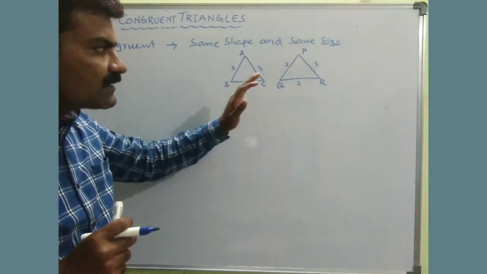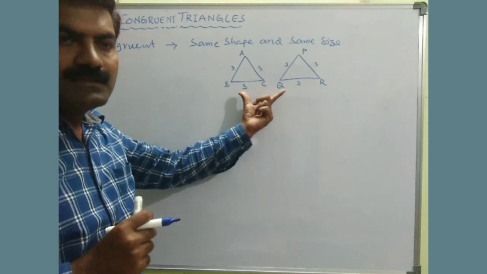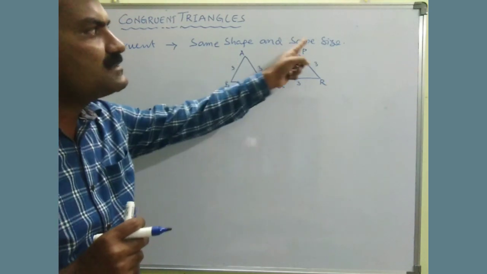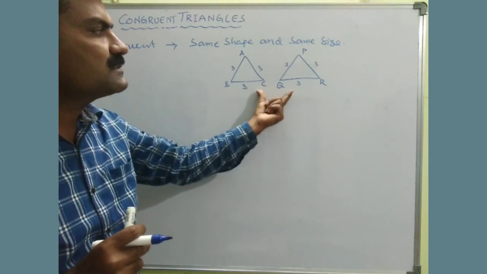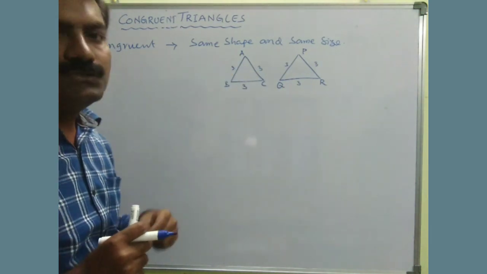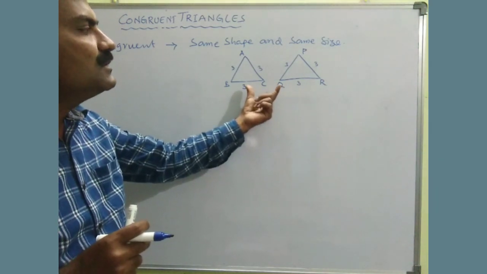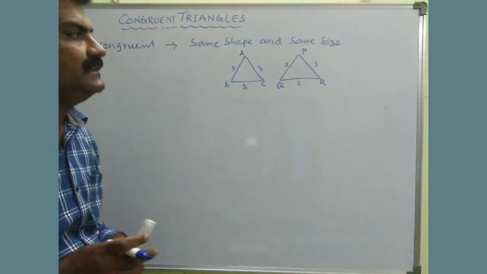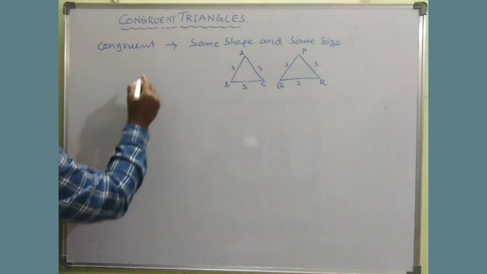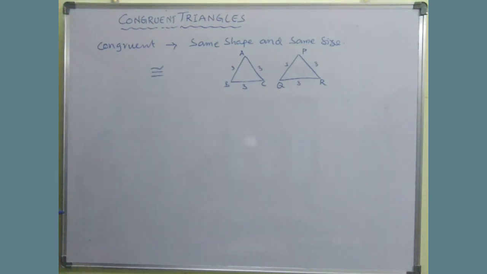Now what can we say about these two triangles? First of all, they are geometrical figures, two geometrical figures with the same shape and same size. Hence I can say that these two figures are congruent to each other. And these two are triangles, so I can say they are congruent triangles. This is the symbol we use to denote congruency.